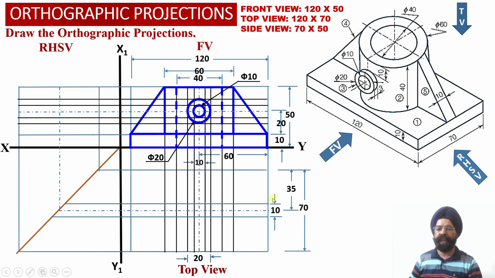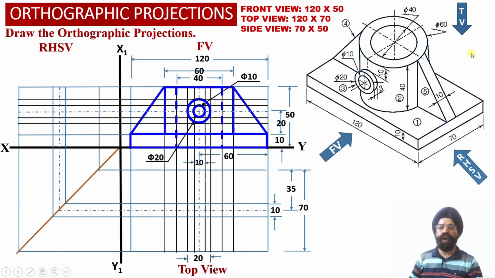It can be obtained in the top view projections over here, where we have obtained two horizontal projector lines, and using this transfer line we have appropriately transferred these two horizontal projector lines into the right hand side view projections over here.